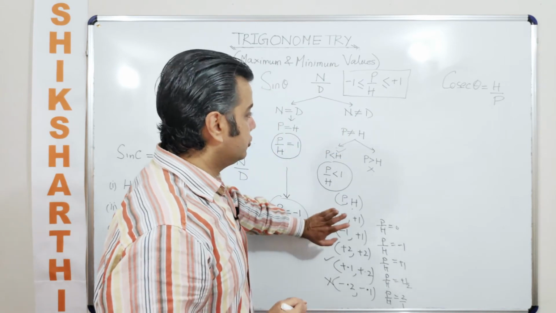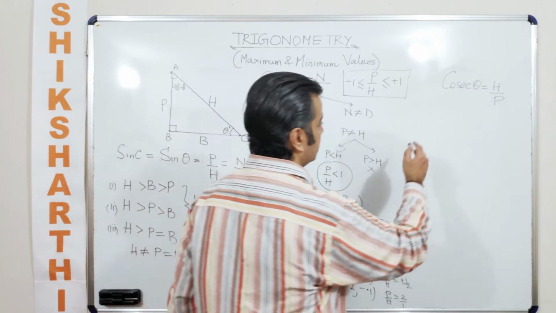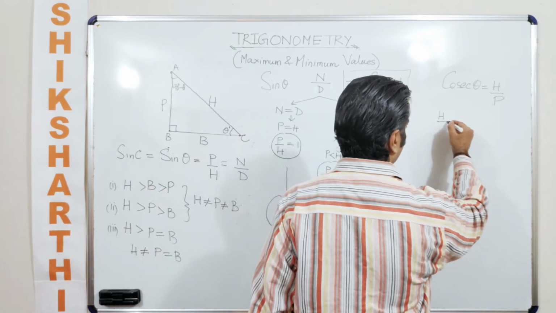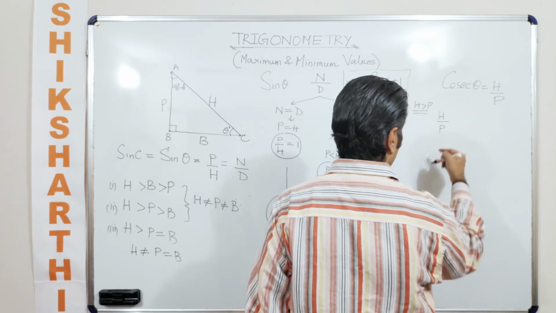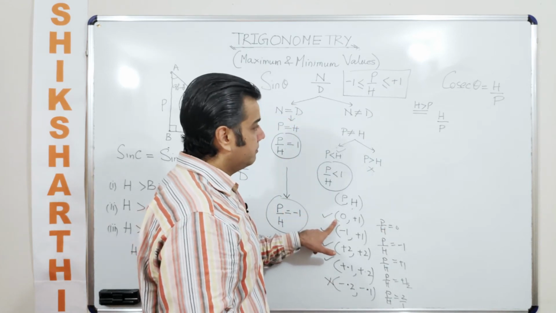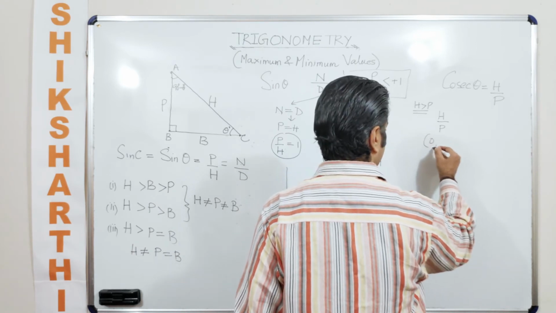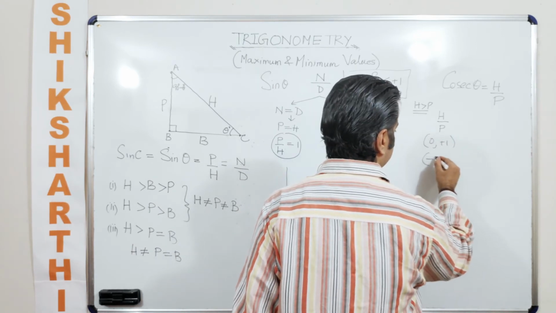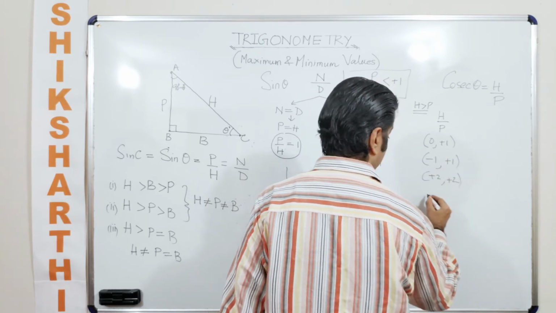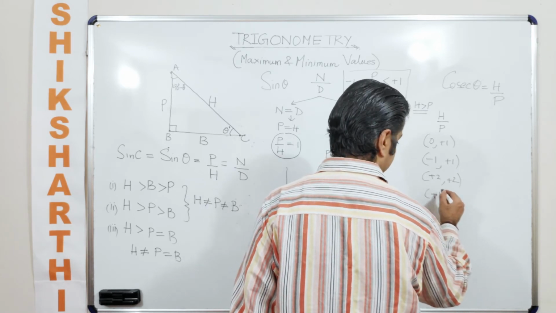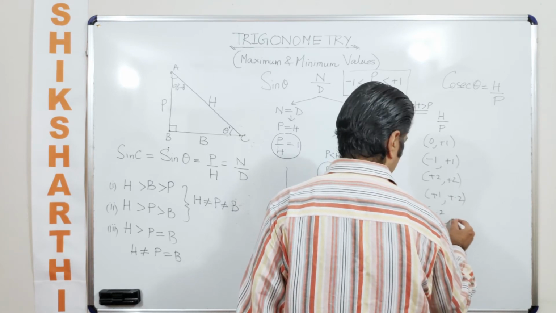So this entire discussion changes: now I am talking about H by P, keeping in mind that H is greater than P. Again we can take the same values that we had taken before: 0, +1; -1, +1; +2, +2; +1, +0.1; +0.2; and the last case, -0.2 and -0.1.